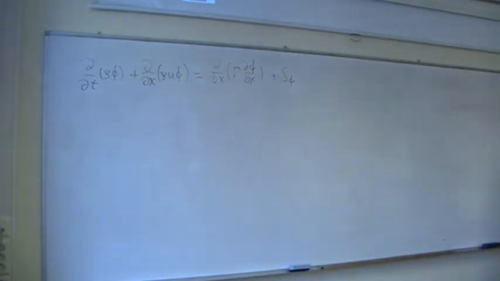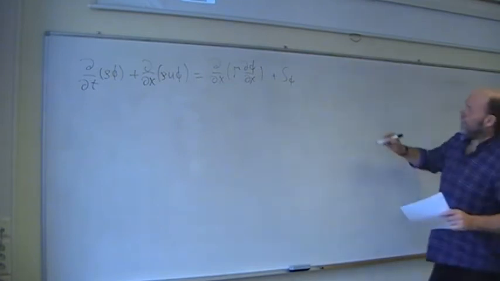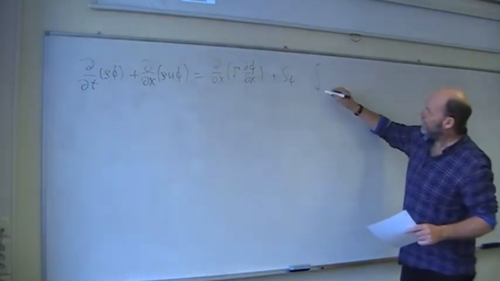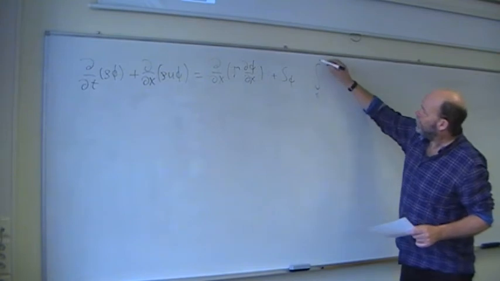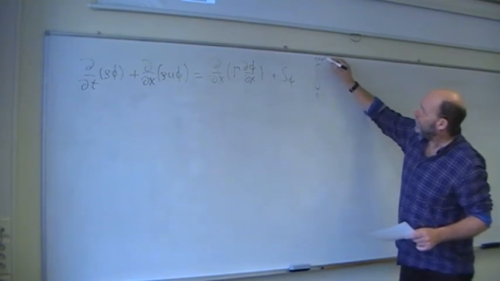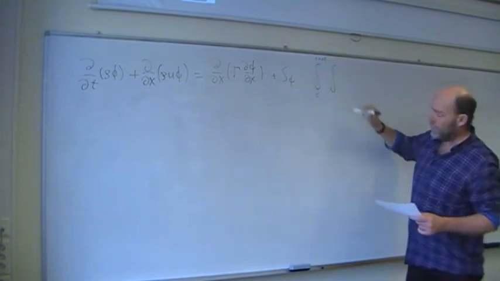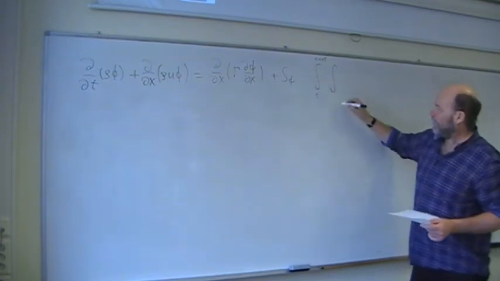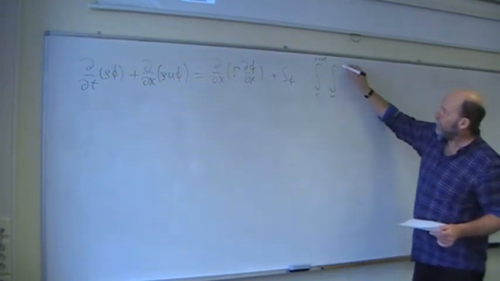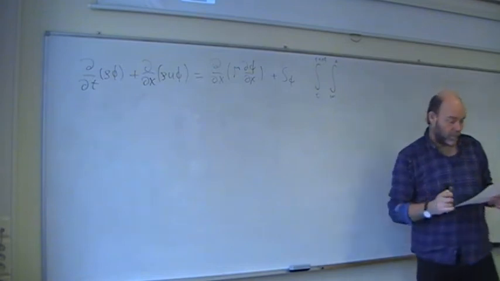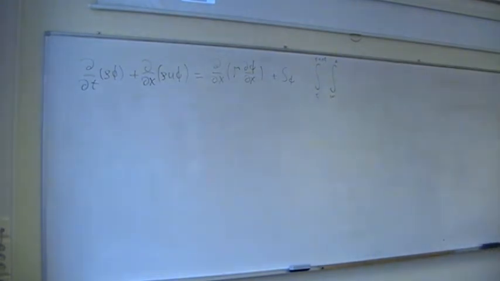And in finite volume, what we do, you take the integral from t to t plus delta t, and you take the integral over some control volume from west to east, if you use Patankar's notation there.